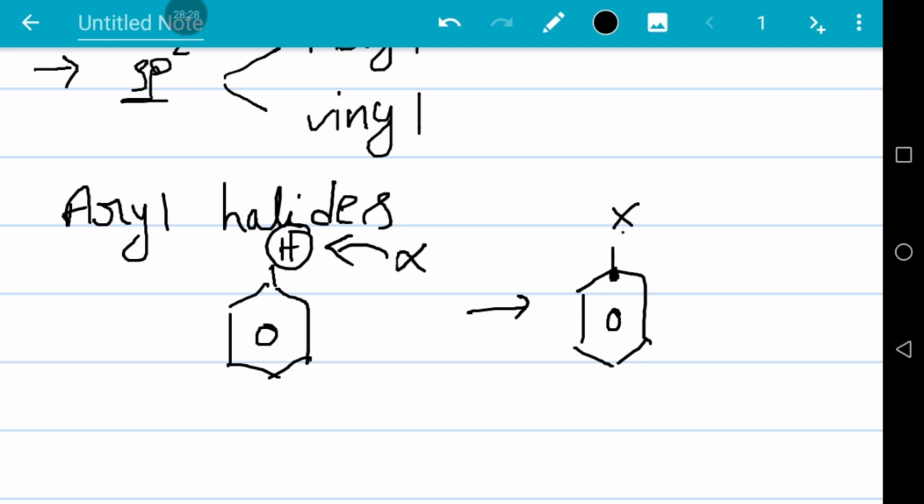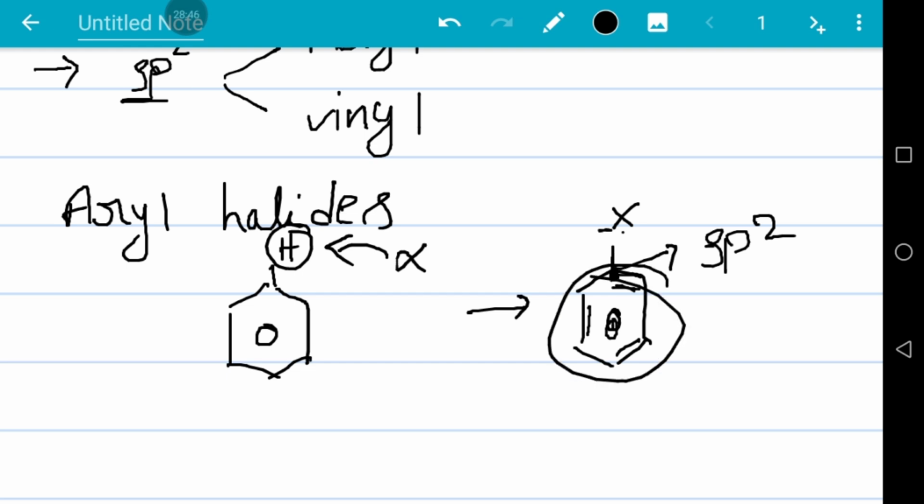So around this carbon, this circle means what is that? Alternate double bonds only. So around this carbon double bond is there, so that's why it is which hybridized carbon? sp2 hybridized carbon. So halogen is attached to sp2 hybridized carbon of a benzene ring, then it is known as aryl halide.